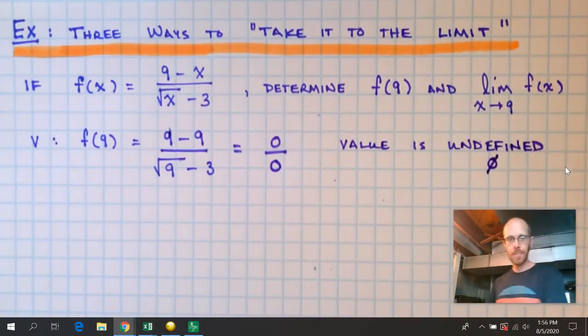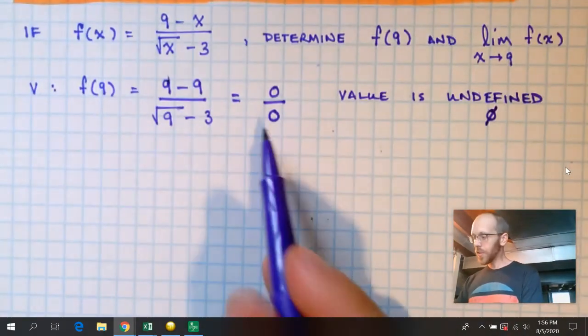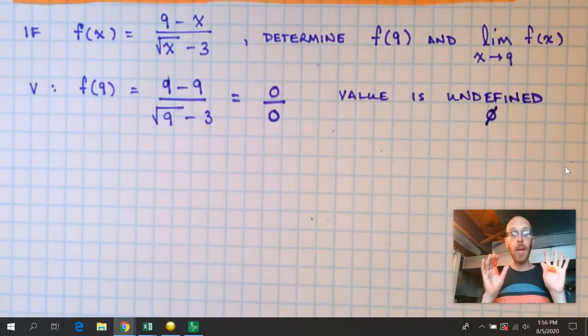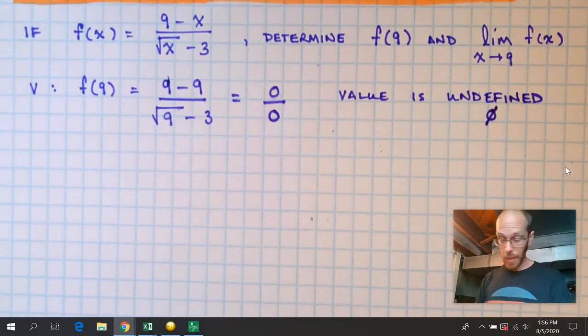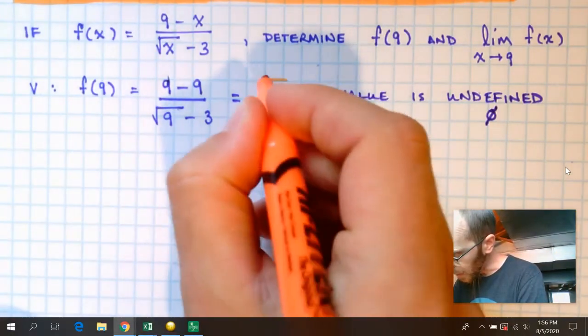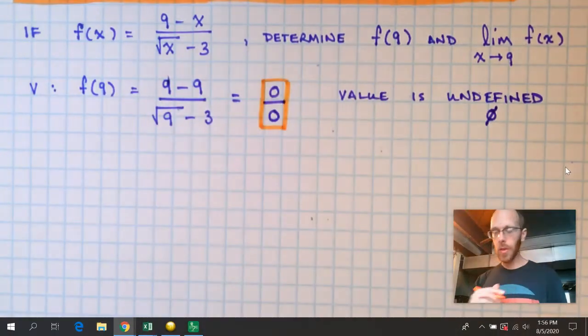Okay, you could just write down that value being undefined. Boom, done.